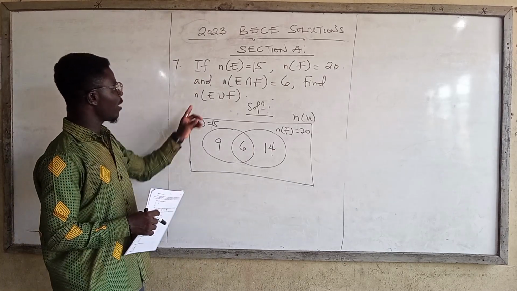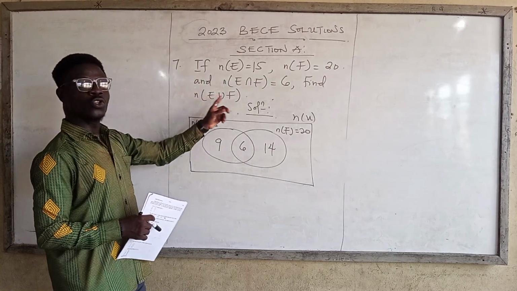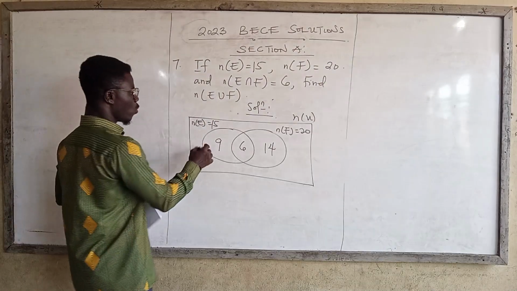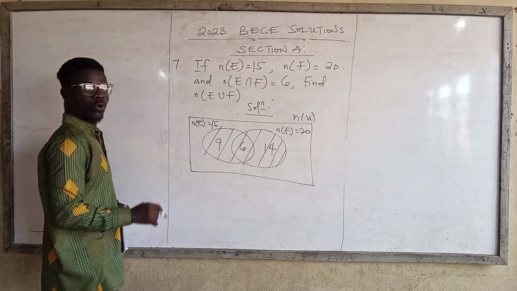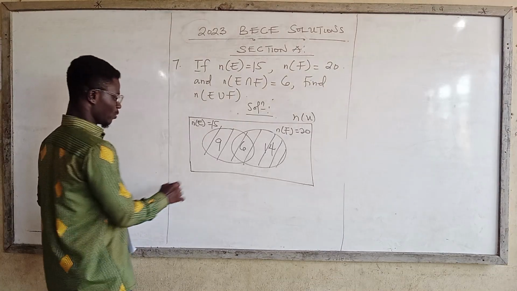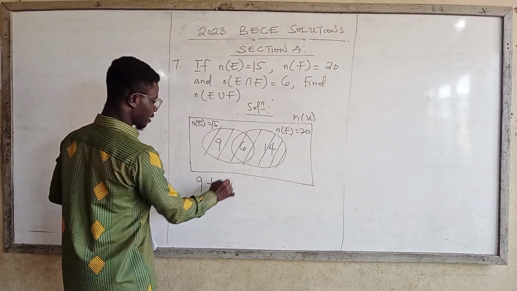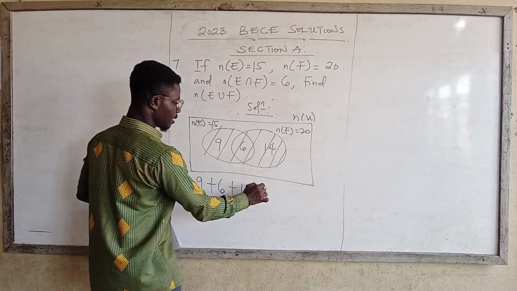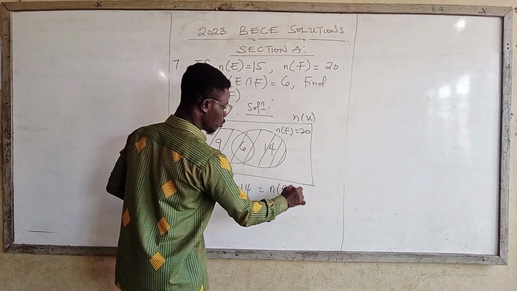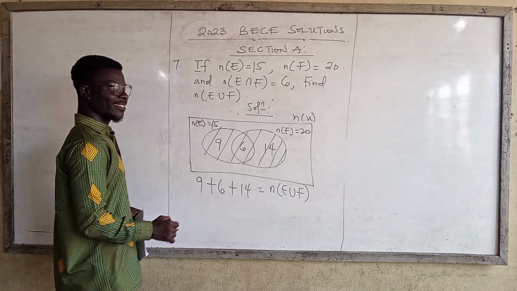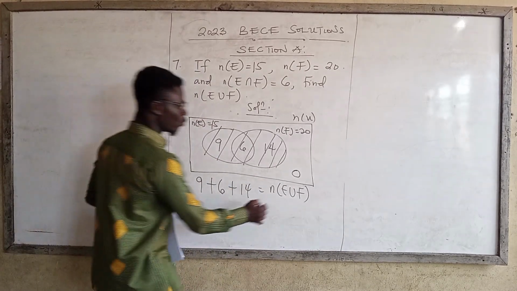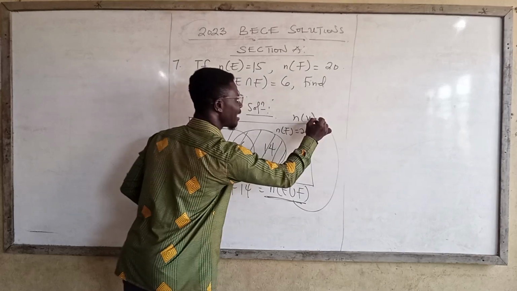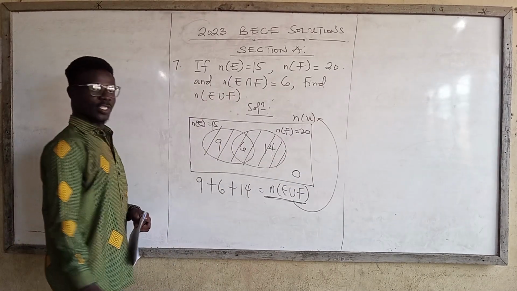So how do we find n of E union F, which means the whole of the shaded region? I get 9 plus 6 plus 14 equal to n of E union F. Since this outside region is 0, we can conclude that this is the same thing as the universal set.